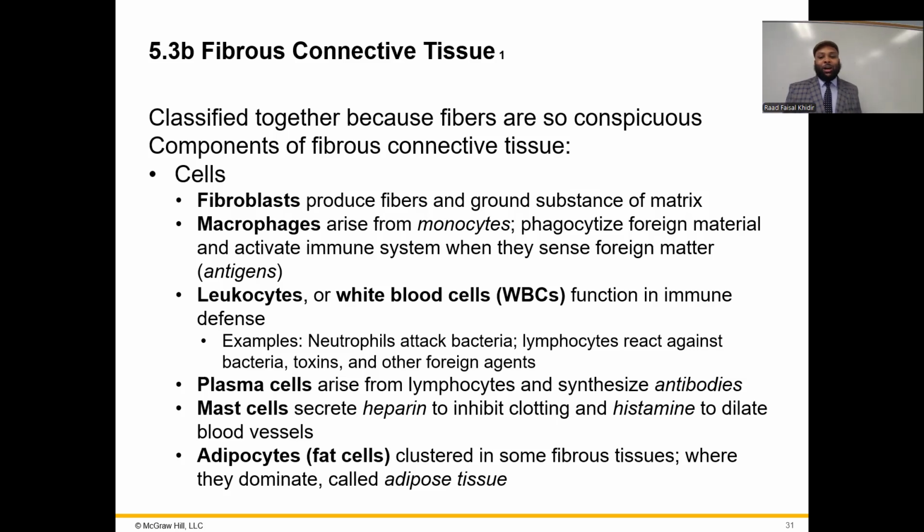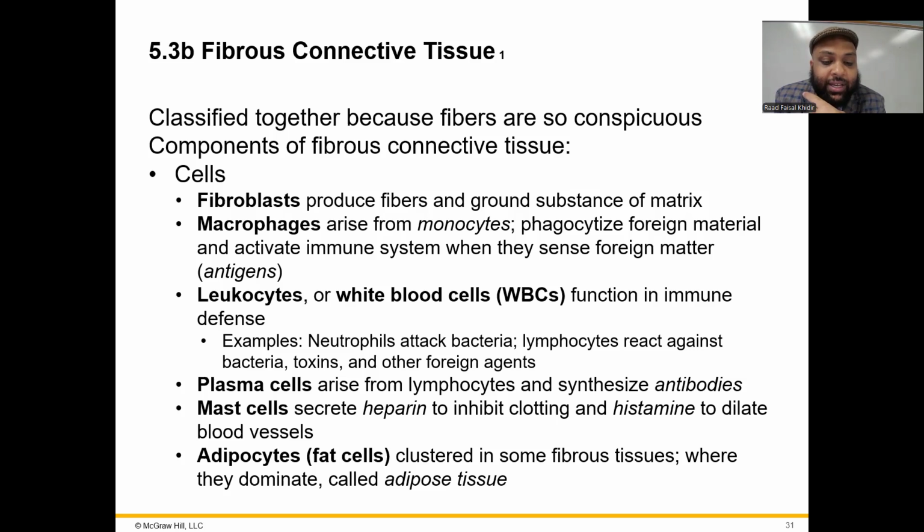Leukocytes, or white blood cells, function in the immune defense. Examples are neutrophils that attack bacteria, and lymphocytes that react against bacteria, toxins, and other foreign agents. Plasma cells arise from lymphocytes and synthesize antibodies.